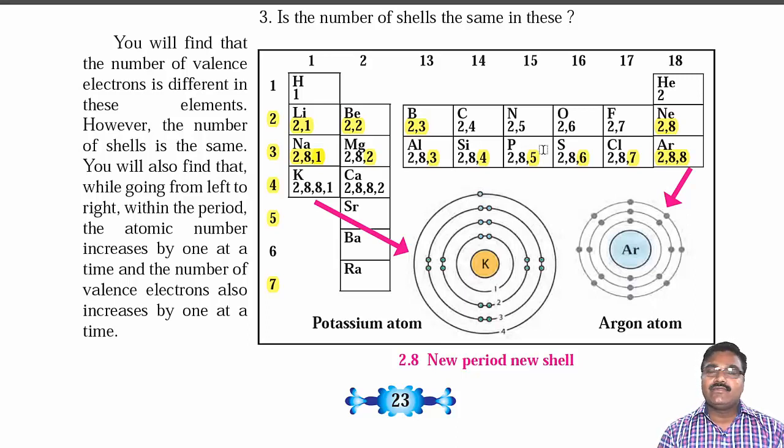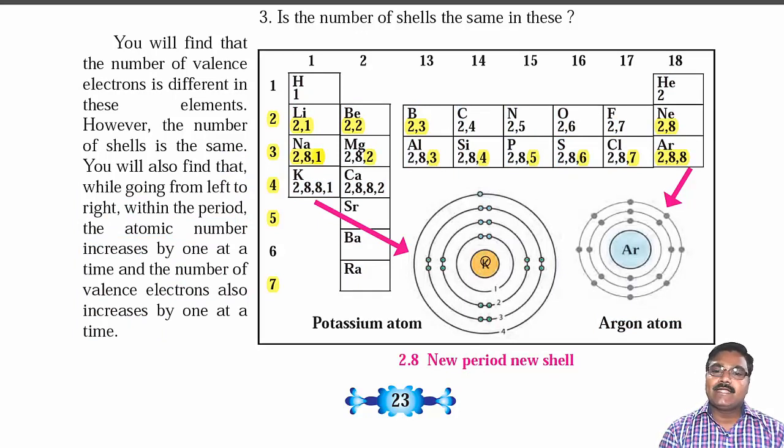Now the next trend is atomic size. Atomic size means the distance from the center of the nucleus, that means the center of the atom, which is the nucleus, to the outermost electron present in that atom.